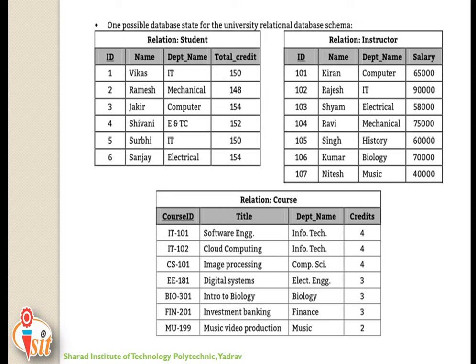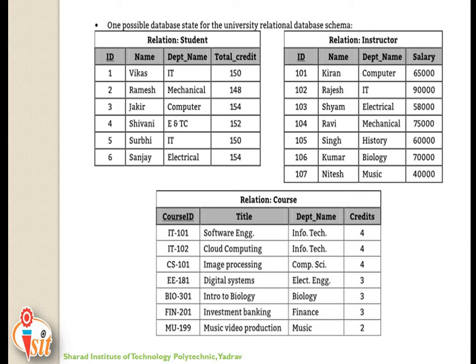One possible database state for the university relational database schema. As I said, a university database schema with 10 relation schemas. Now those 10 relation schemas are expanded here. The first relation is student, having schemas ID, name, department name, total credit, and each schema includes particular values, like IDs for the students are 1 to 6.